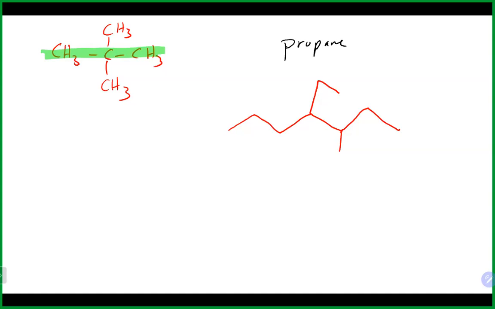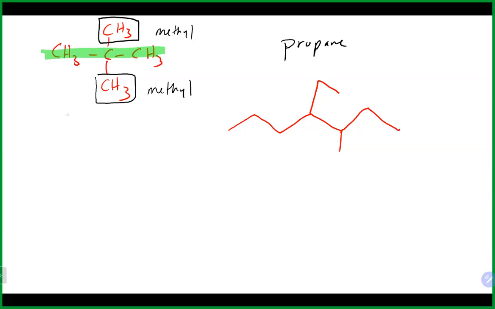We also have 2 groups attached here that are not part of that main chain, and they both are 1 carbon groups, based off of methane. So this would be a methyl group, and this would also be a methyl group. That also means that in this compound I have 2 of the same groups, which means we do need to use a prefix here.